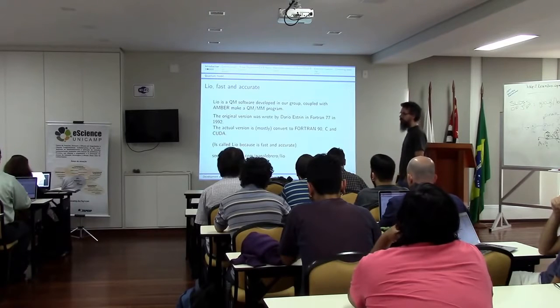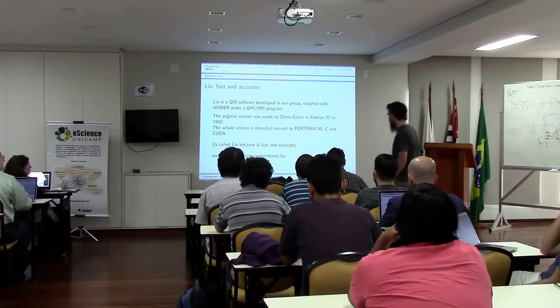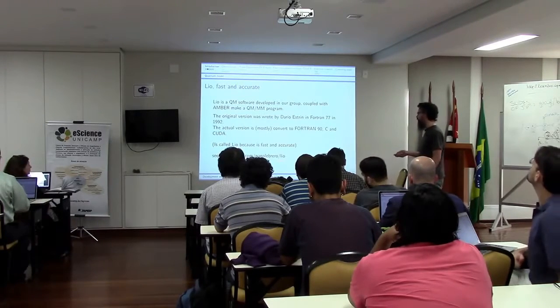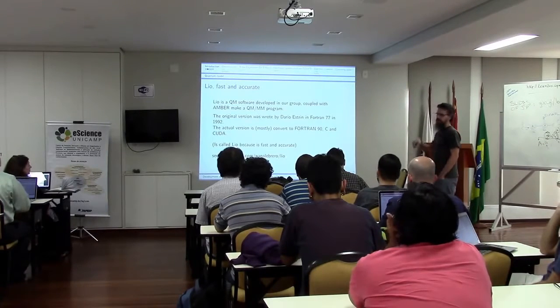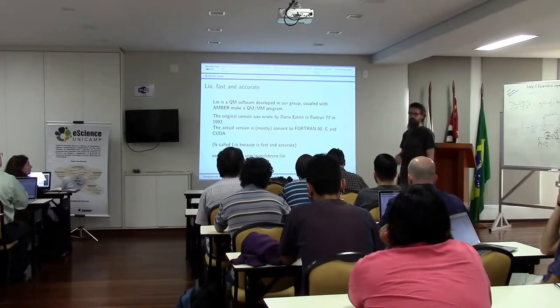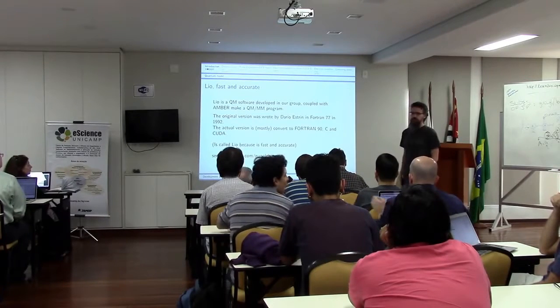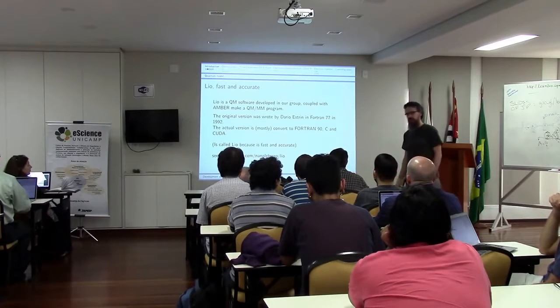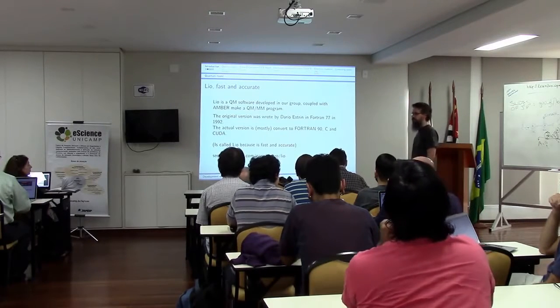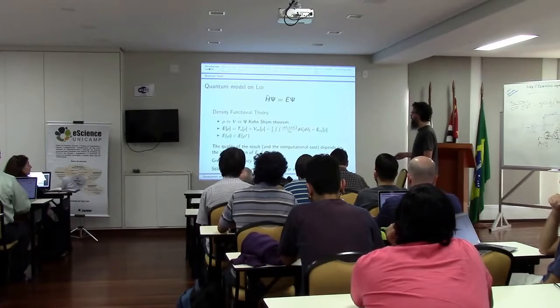It's called Leo because it's fast and accurate. If you want to download or use it, it's on GitHub. And this afternoon we are going to do some work using Leo and Leo with Sander to make some things similar to what I present here.